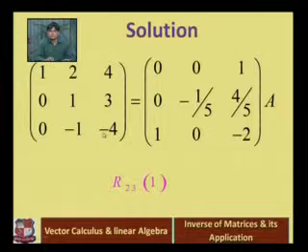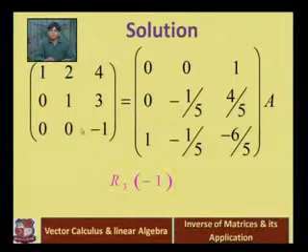Now we want 0 here. For that, we multiply the second row by 1 and add it to the third row. After adding the second row to the third row, the third row is 0 0 -1, and doing the same operation in the other matrix, the third row is 1, -1/5 and -6/5 after the row operation.